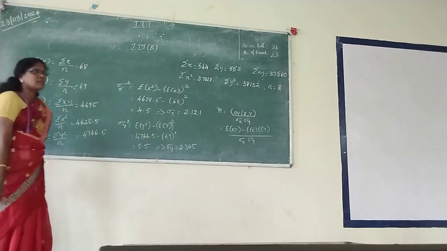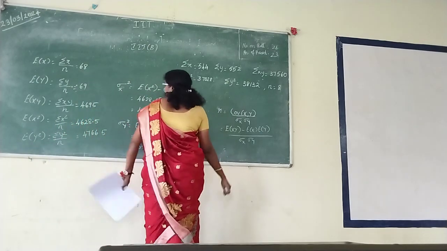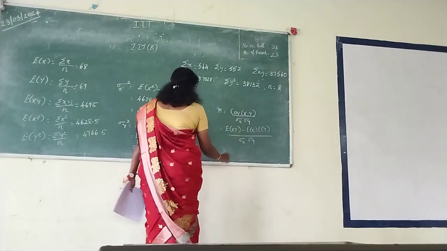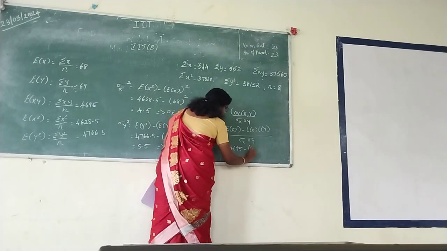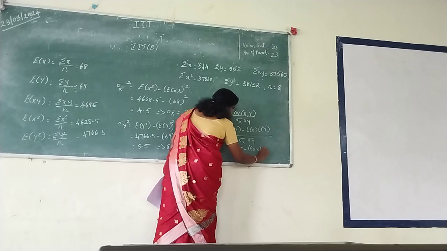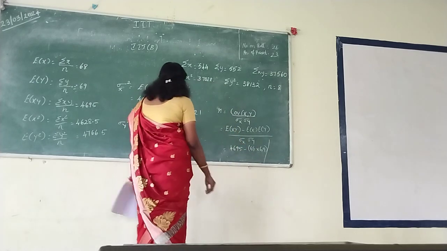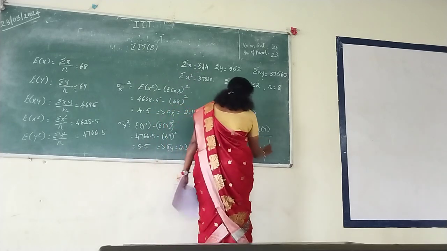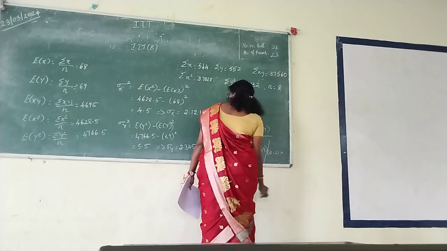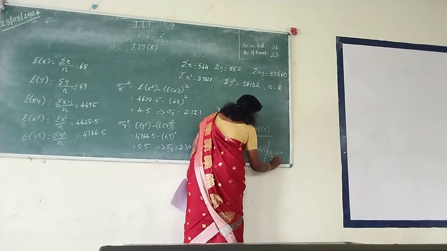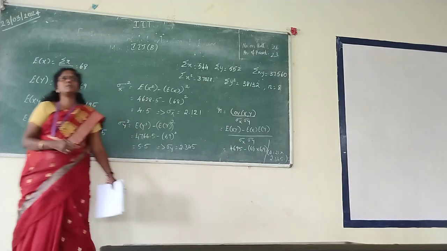Everything is known. E of x is 68, E of y is 69, divided by sigma x which is 2.121 into sigma y which is 2.345. Find the answer.